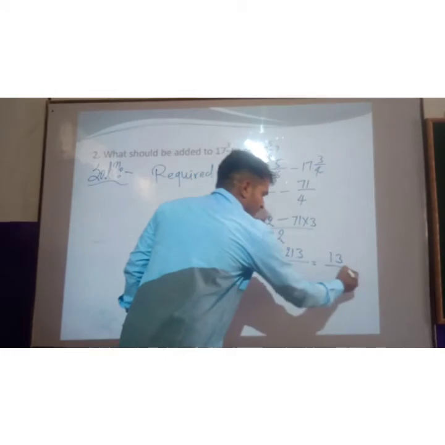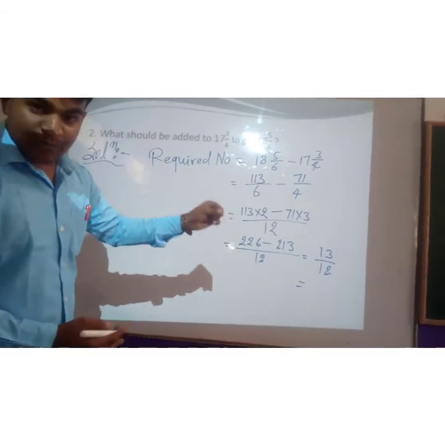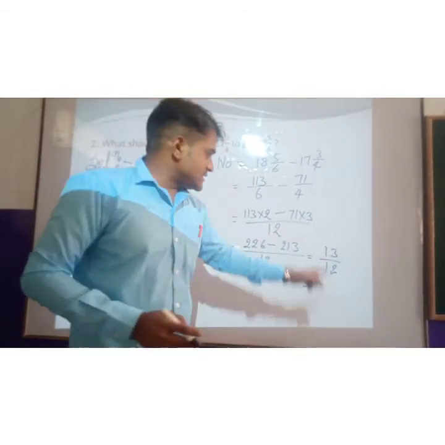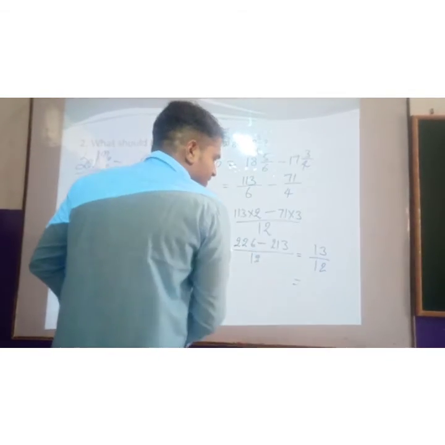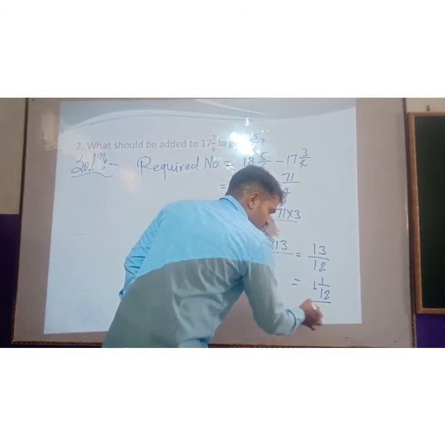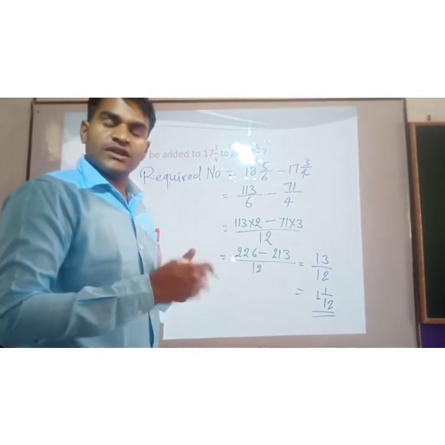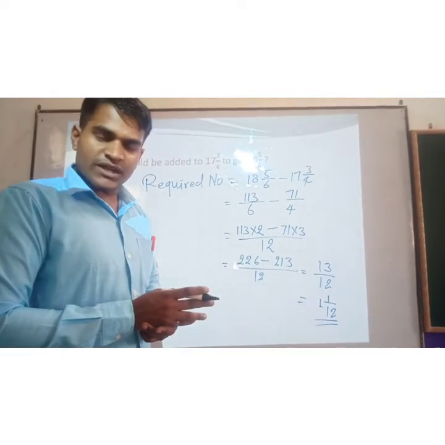So 13 upon 12 is an improper fraction. We have to convert this improper fraction into a mixed fraction. What will you get? 1 complete 1 upon 12. I hope you know how to convert an improper fraction into a mixed fraction, or a mixed fraction into an improper fraction. Okay, it's clear?